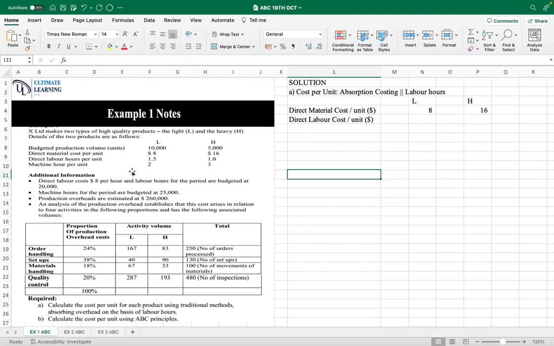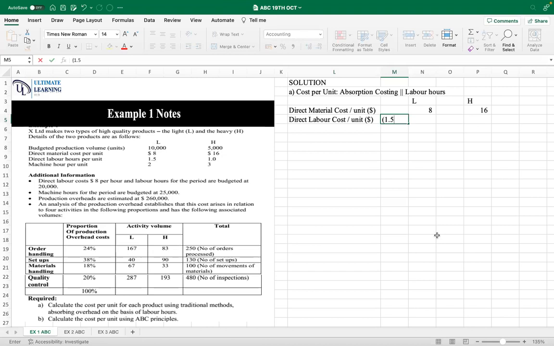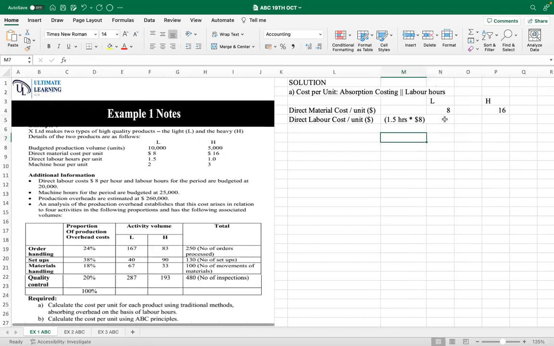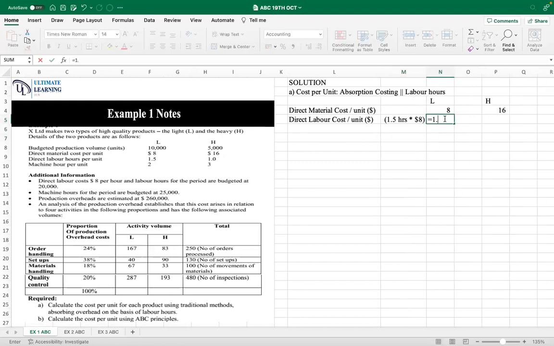For product L, it was 1.5 hours. So to get the direct labor cost per unit, you take 1.5 times 8, to give you 12.